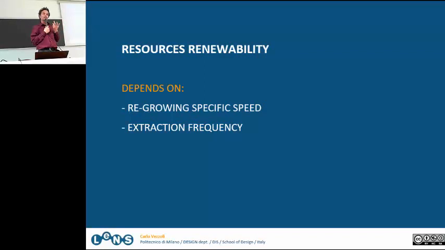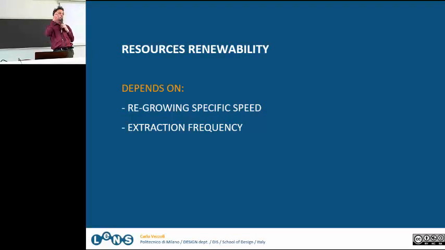But even there, either it is corn or it is wood. With wood, it's more clear. You can say that the same type of wood, for example, the one that is used for your chair, could be renewable if it's coming from a plantation in Finland, where they are very careful in cutting only what regrows.